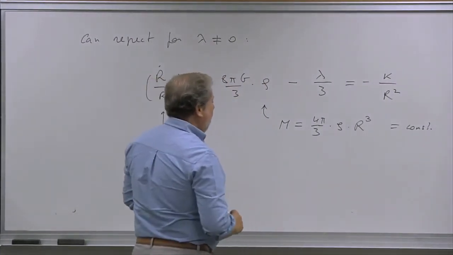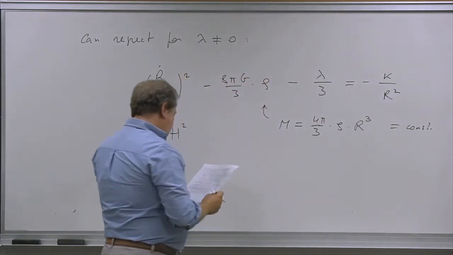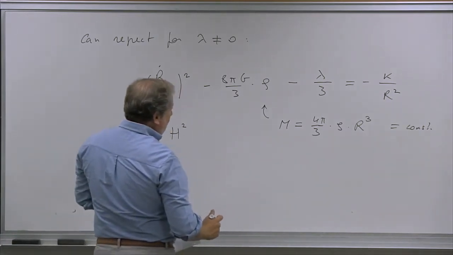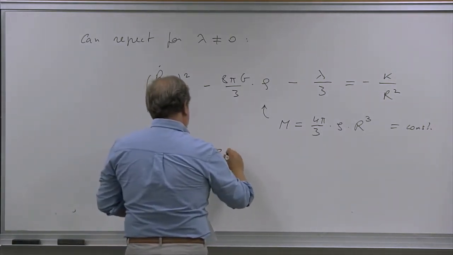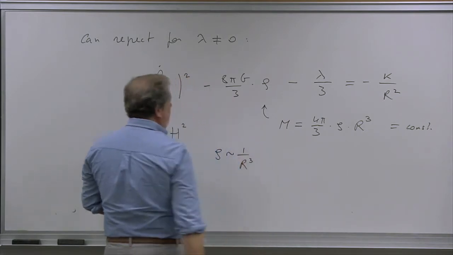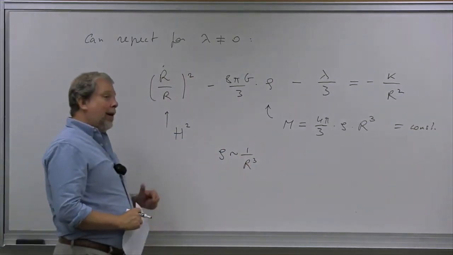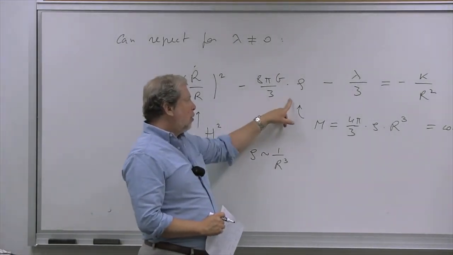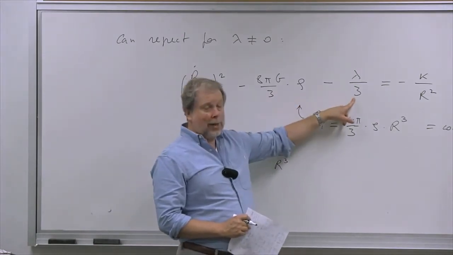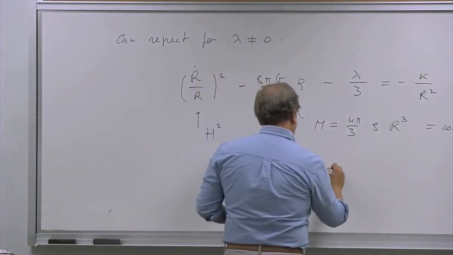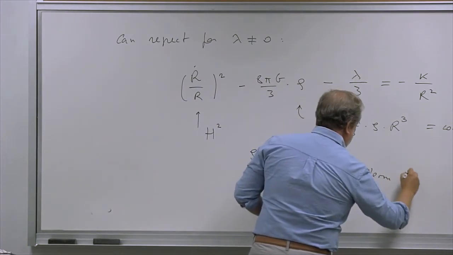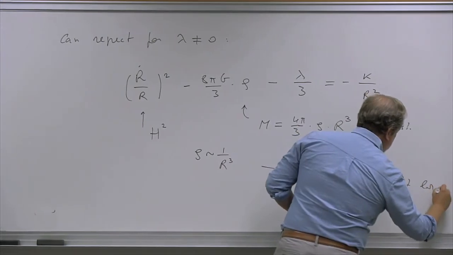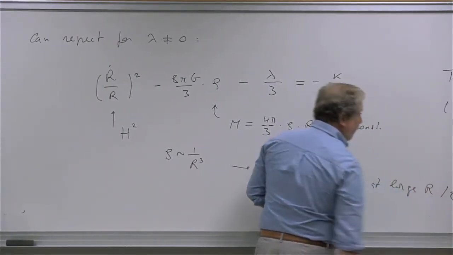So you can replace rho by a constant divided by r cubed. And so rho goes like 1 over r cubed, which means that if you look at late times, then this contribution becomes less and less important than this one. So the lambda term dominates at large r or at large t.